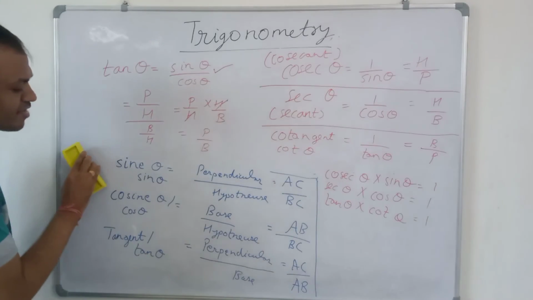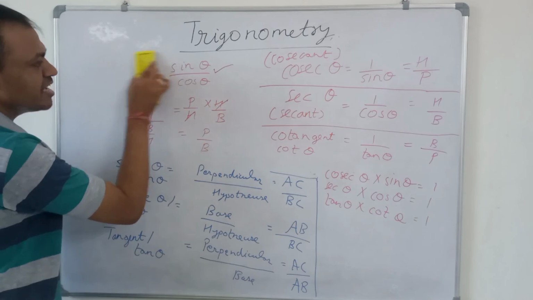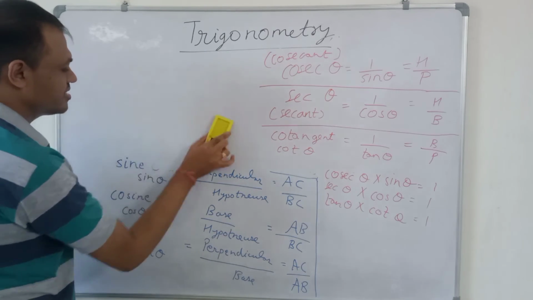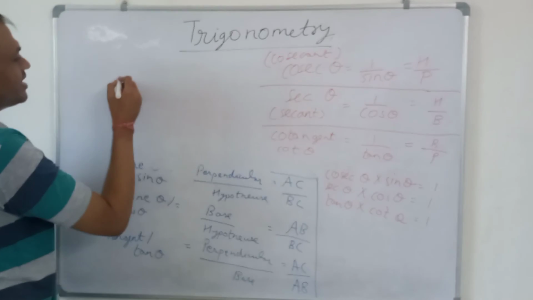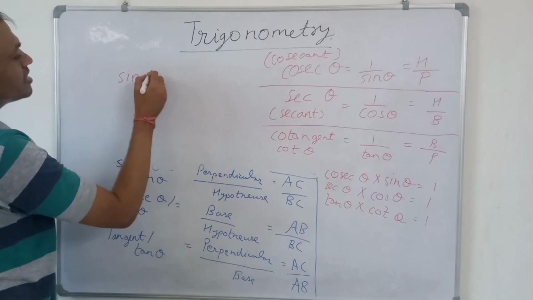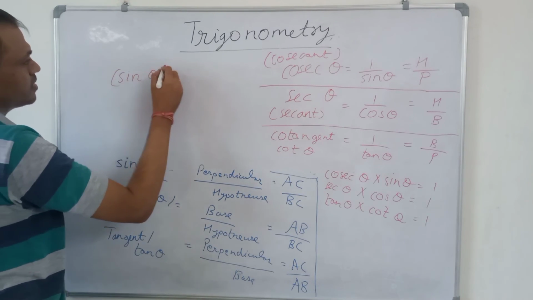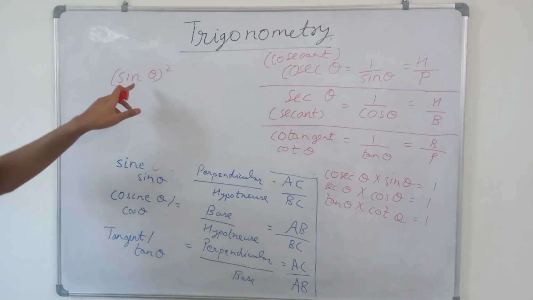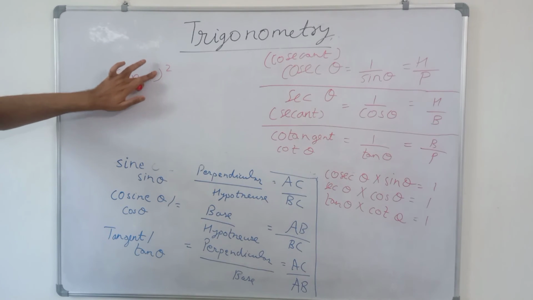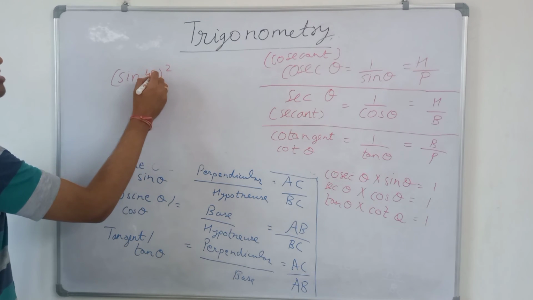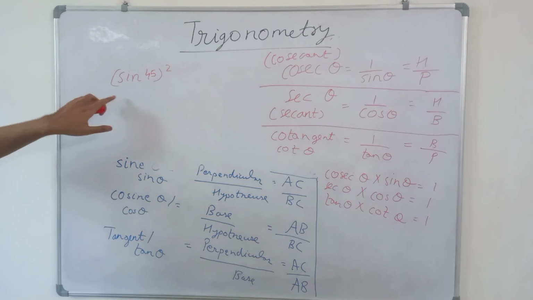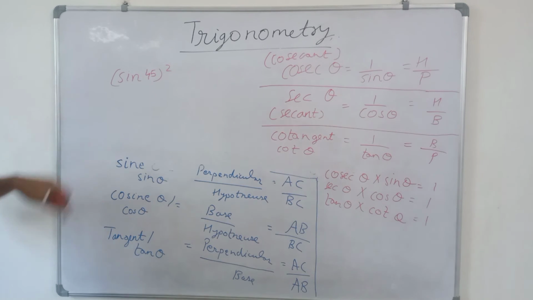Now one more thing I want to tell is that some students make mistakes. Suppose you are given sin theta whole square. Let's say theta is 45. So sine 45 whole square will be equal to the square of the value of sine 45.